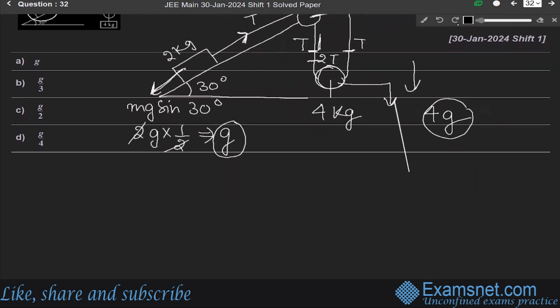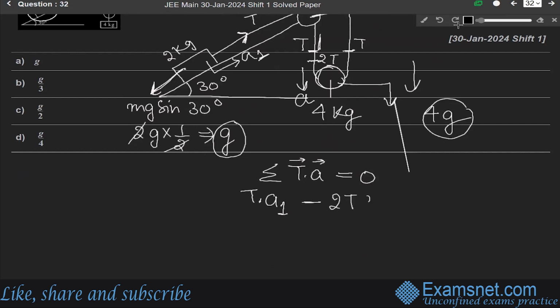Now using T dot A equals 0, let us say the acceleration of this block is A1, and the acceleration of the block due to the string is A. For this, T dot A1 minus, and for this, since it is in the downward direction, 2T into A equals 0.